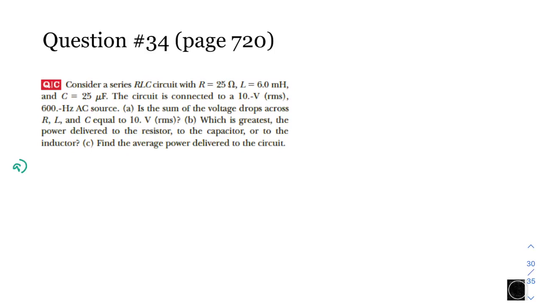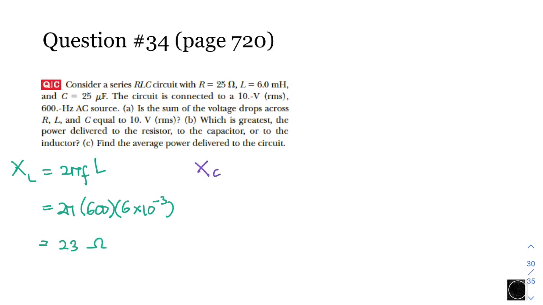First thing first, before you proceed with part A, you need to calculate the reactances. XL is equal to 2 pi F L, which gives 2 pi times 600 times 6 times 10 to the power of negative 3, which gives you 23 ohm.